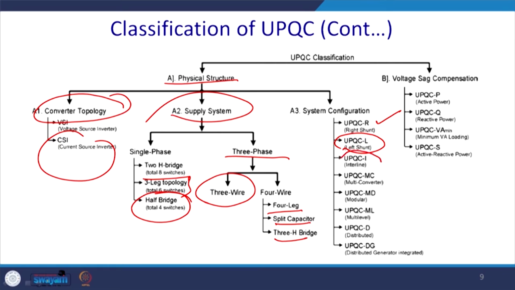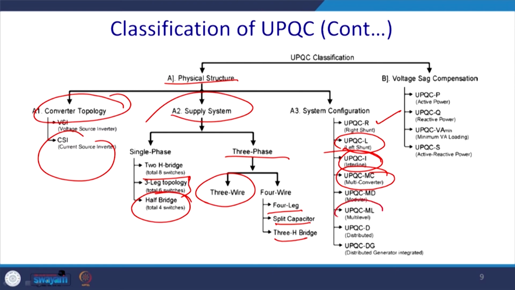And you may have an interline UPQC, which we will discuss in detail in future, and it is connected in between 2 lines, mostly in a transmission system. Thereafter we can have a multiple converter based, that is, a modular structure, and you can go to any level.